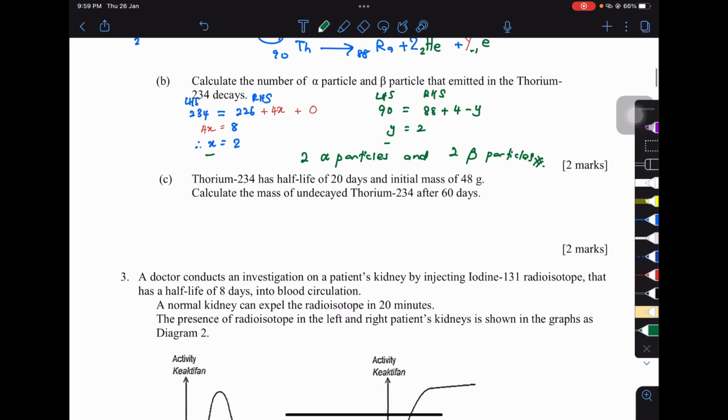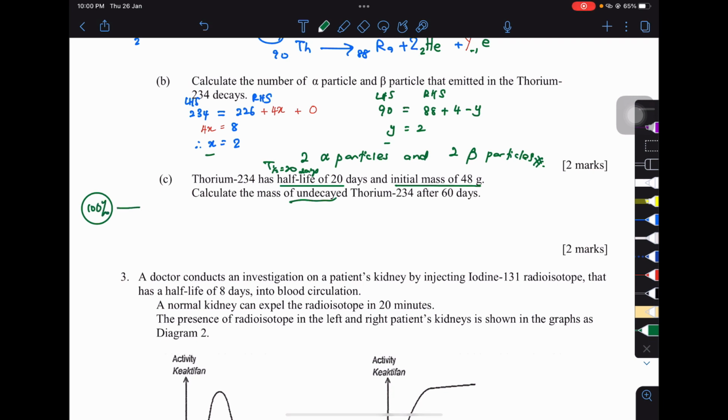C, thorium-234 has a half-life of 20 days. So from here we know that the half-life is 20 days, and the initial mass, the original, is 48 grams. Calculate the mass undecayed. If this is decay, this is the first one, 100%, 1.